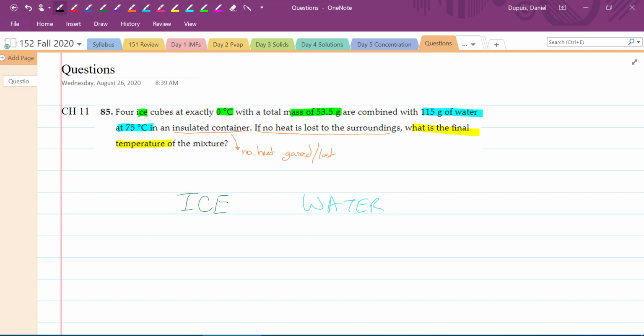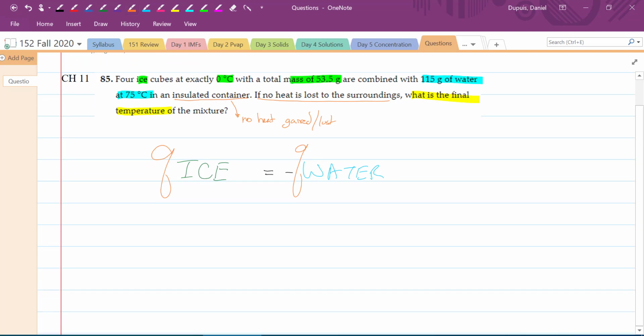And the heat from the ice, this is a heat transfer problem. So ice and water, the heat from the water is going to go to the ice. So that's technically a negative. So if we were to put Q here, Q of ice, Q of water.